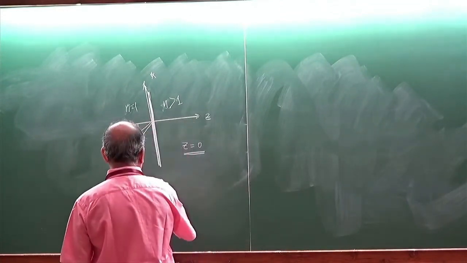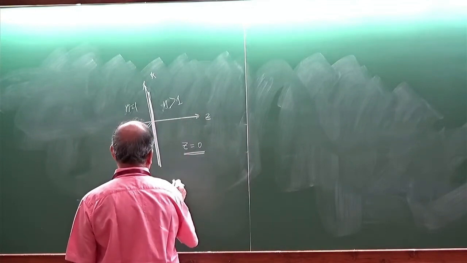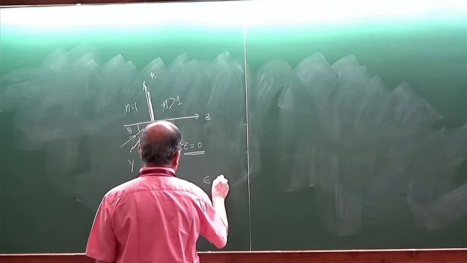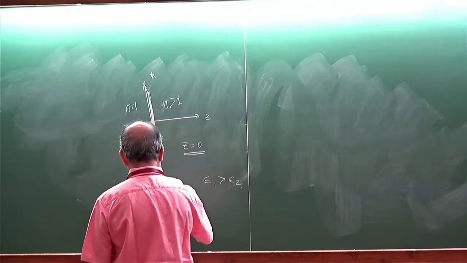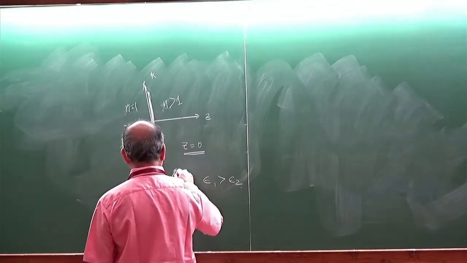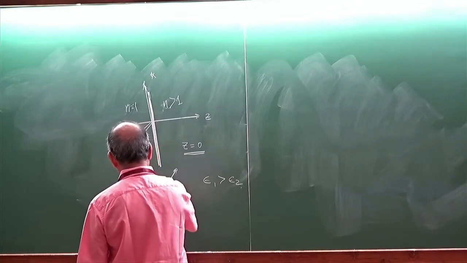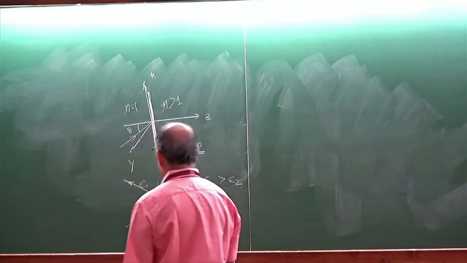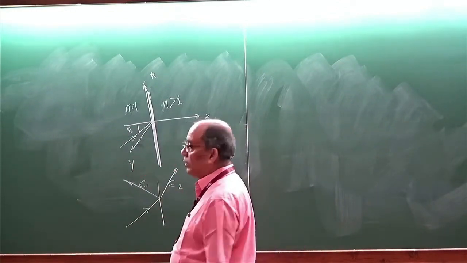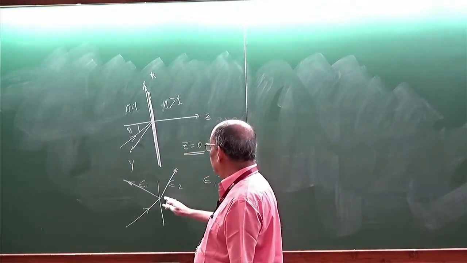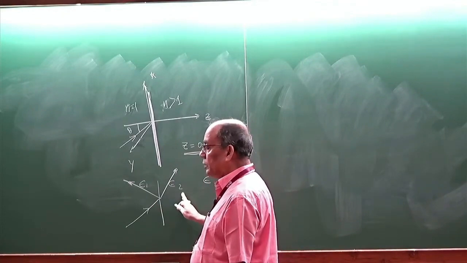Now if you have a situation where epsilon 1 is greater than epsilon 2, then you have the possibility of total internal reflection. Once you cross this, the energy will be propagating backwards, and no energy propagates in this direction.